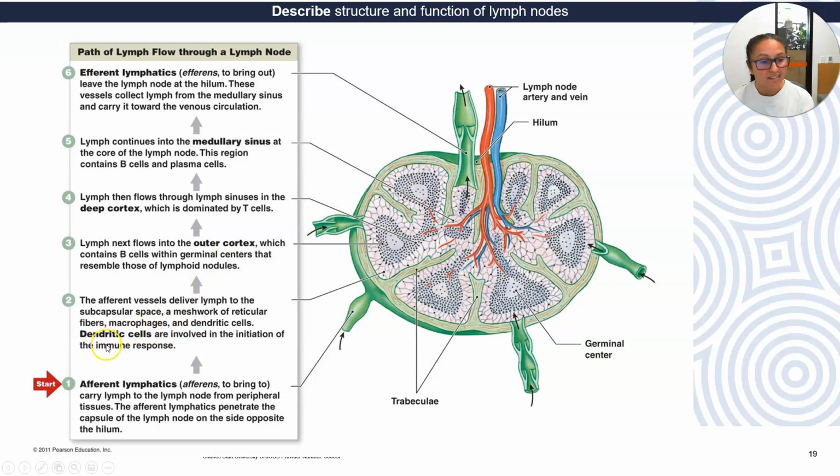So you've got dendritic cells that live there. You've got B cells that live there and T cells. And then we end up going out this way. Okay, so do this part, then do the next two, and then come back to this.